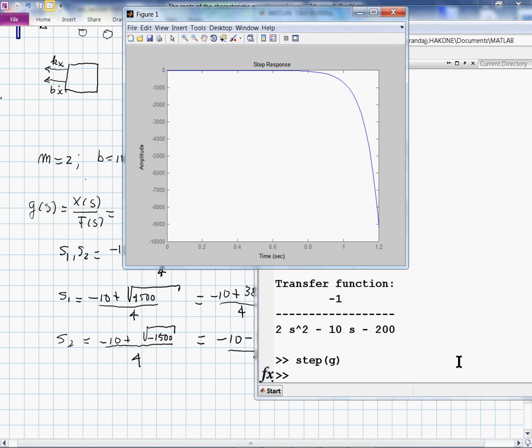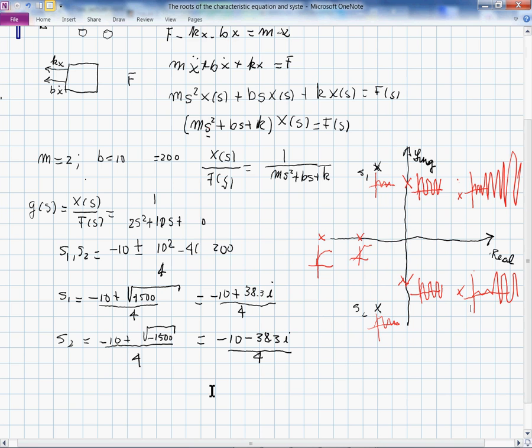Nevertheless, I hopefully have convinced you that roots on this side are bad news, and also that roots on the left are okay. Normal systems work like that. But any one over here is on the borderline, and any one on the right hand side is a lost cause. So this is how we can illustrate how the system responds when you have the roots in different places.